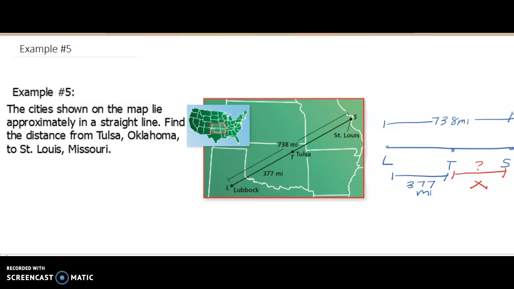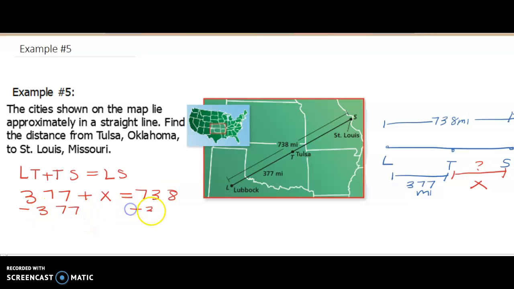Once again, we have the segment addition postulate. I can say that LT plus TS equals LS. So 377 is LT, plus, I don't know what TS is, x, equals 738. Subtract 377 from both sides. I get x equals 361 miles. So from Tulsa to St. Louis is 361 miles.